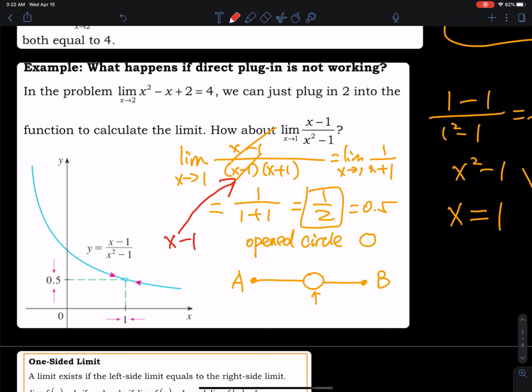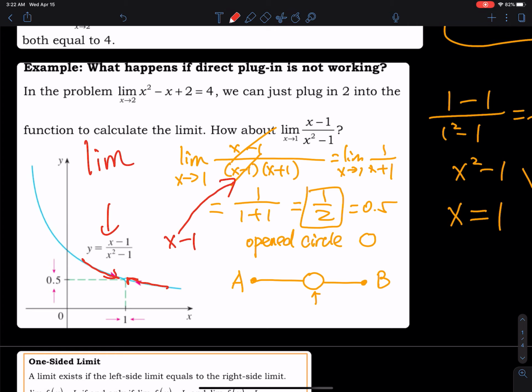That means, when x is equal to 1, the function is undefined. Yes, you're right. When you plug in 1 to this function, the function is undefined. That is absolutely right. But the limit exists. I am not saying x equals 1 exactly. What I really want to know is x approaches 1. That is what the limit is for. We are doing limit.